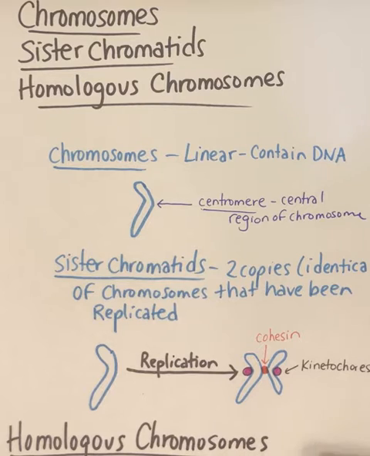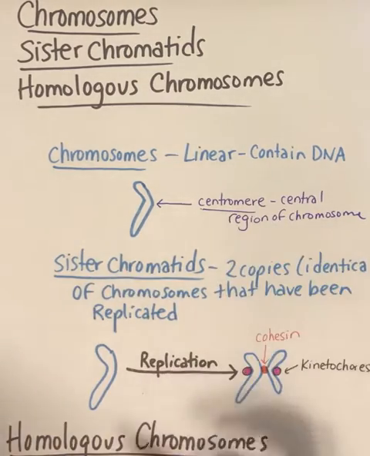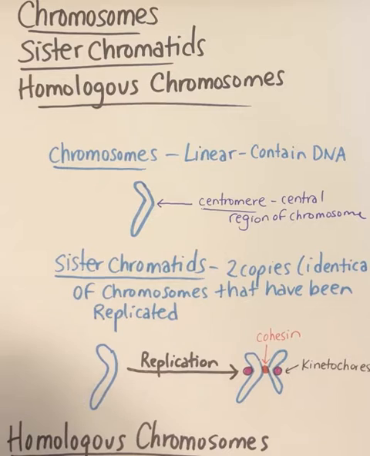They're going to be the same shape. They're going to be the same size. They're going to have everything identical about them. So these all right here are just blue. You have one set from mom, and you're going to have one set from dad.